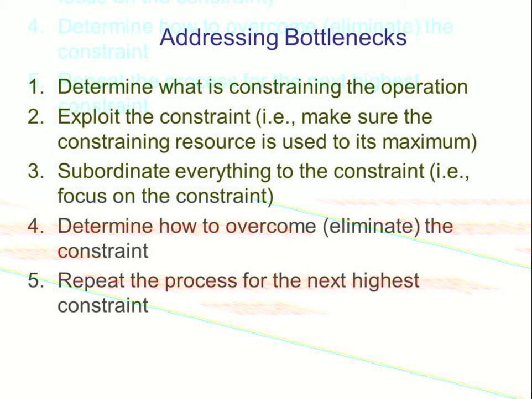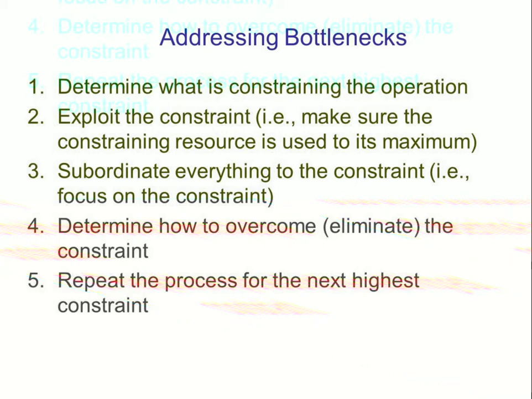So again, those bottlenecks, there's kind of a 5-step process. Determine what operation is that bottleneck. Then you want to make sure that you're getting the most product through that bottleneck as possible, whether that means running it 24 hours a day, or scheduling the maintenance carefully, or ensuring that the input products are sufficient to keep it running at its maximum.